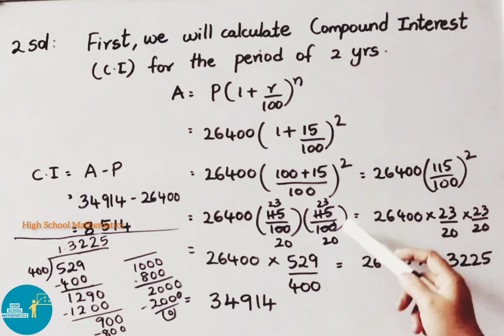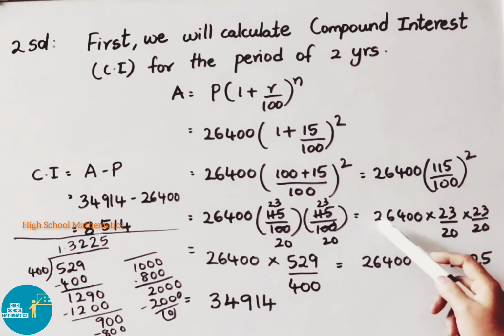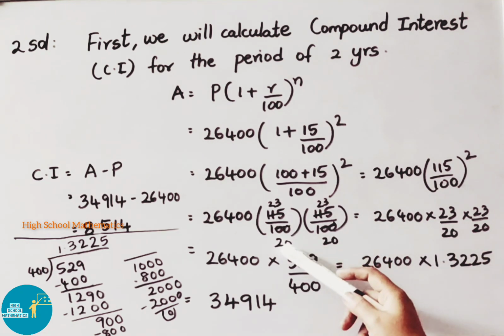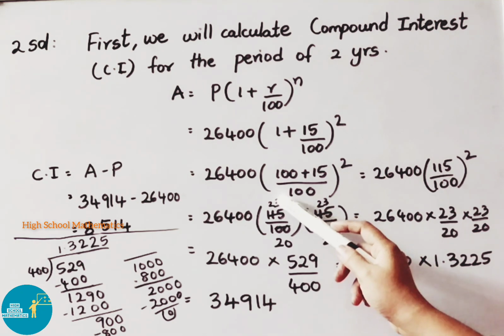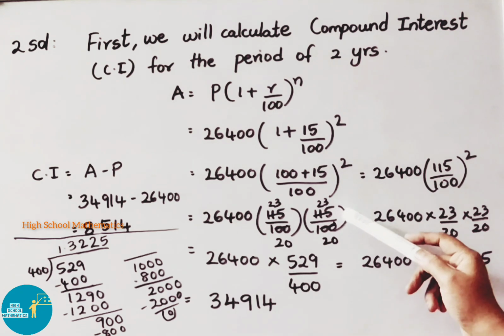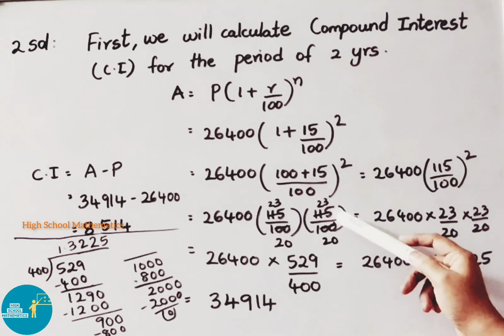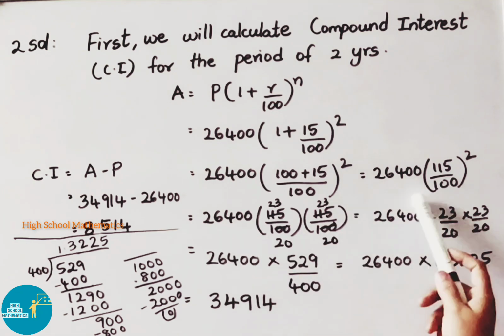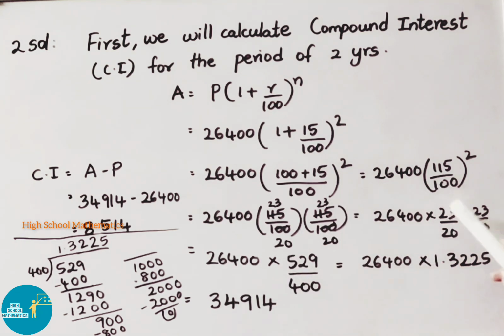Here 5 table 100 is 20 times and 5 table 115 is 23 times. So 26,400 into 23 by 20 into 23 by 20, that equals 26,400 into 23 into 23, that is 529, by 20 into 20, that is 400.